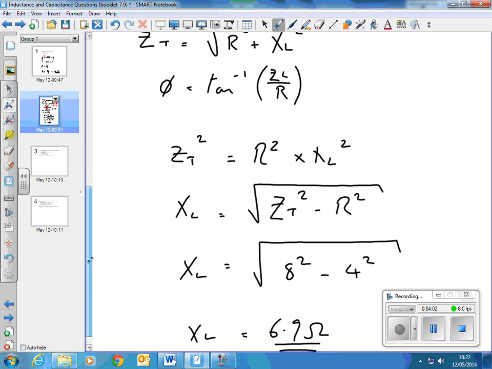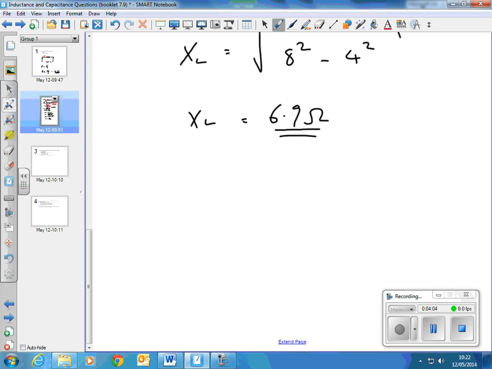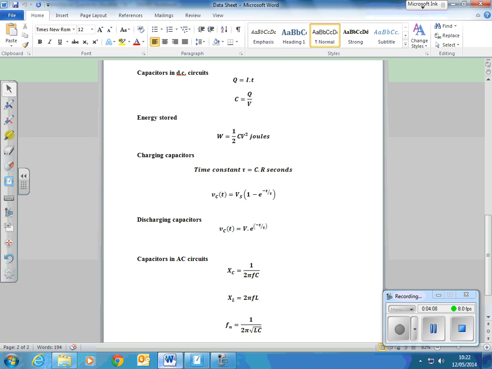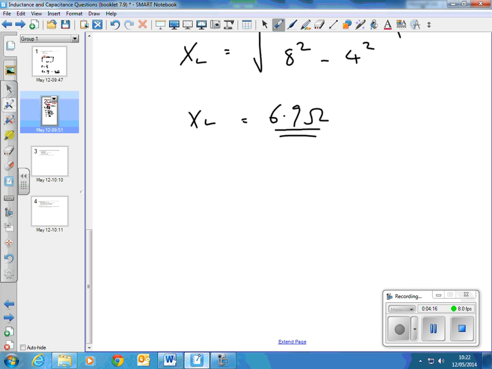We know the formula from the data sheet. So the formula is given to us for the inductance of the coil down at the bottom there. So we have XL equals 2 pi fL.